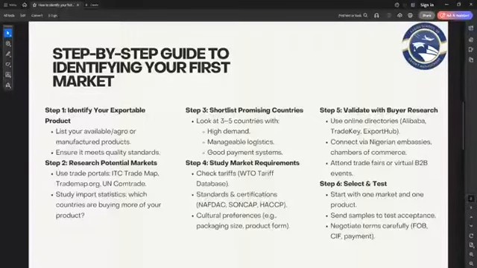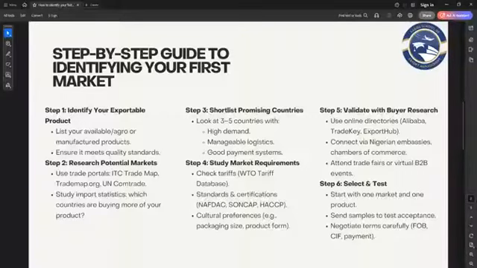Step two is to research potential markets. You want to now research potential markets based on the products that you already selected. You can use that to search for potential markets that will be interested in that product or in that commodity.